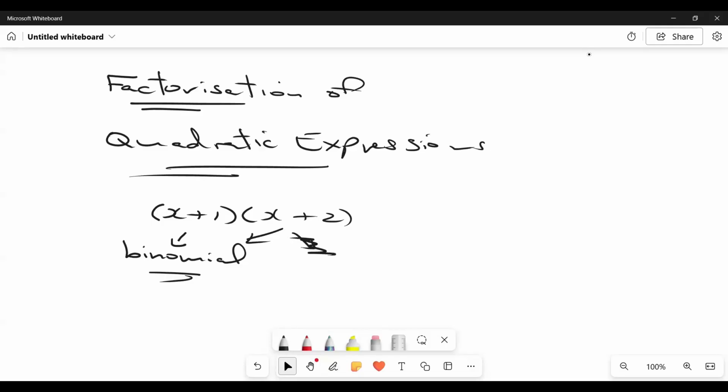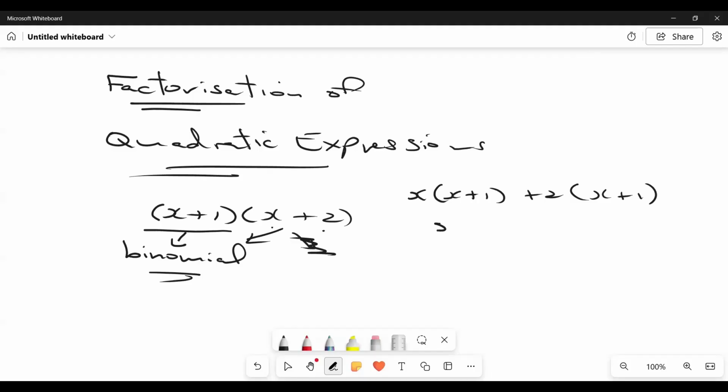When you multiply two binomials, you get a quadratic. How do we multiply them? Let me not show you the shortcut. I want to show you what you really do. You multiply everything here by x, so you get x times (x + 1) plus 2 times (x + 1).